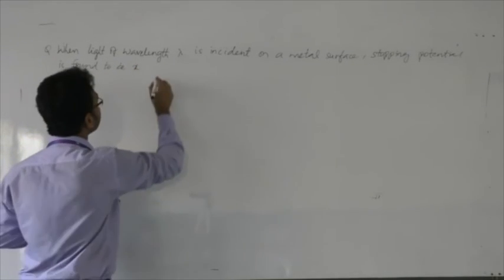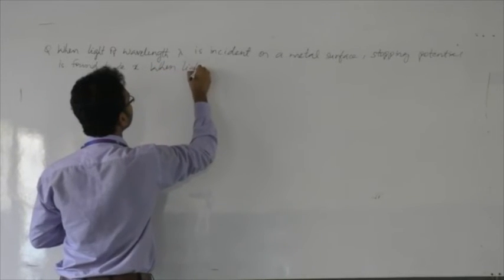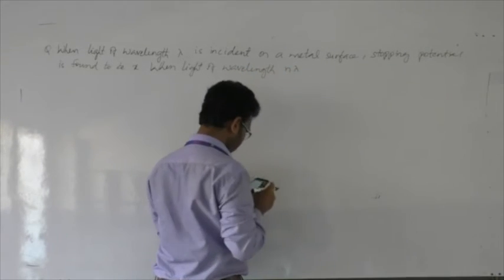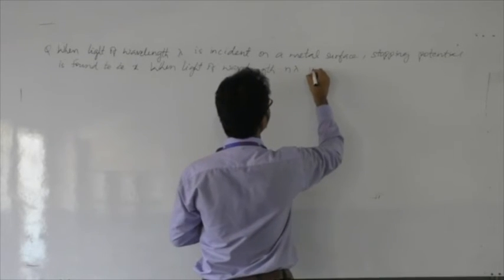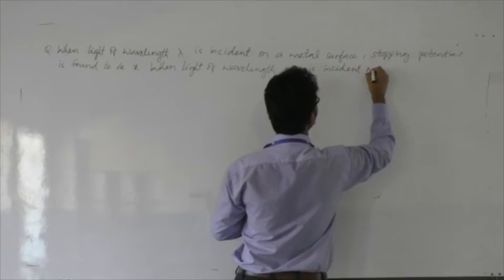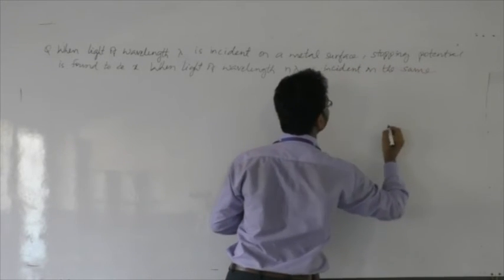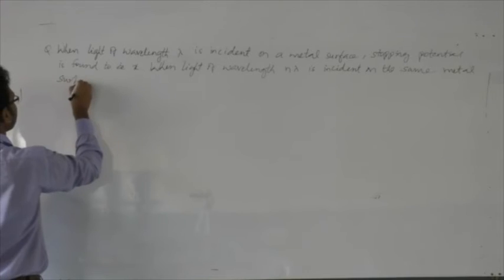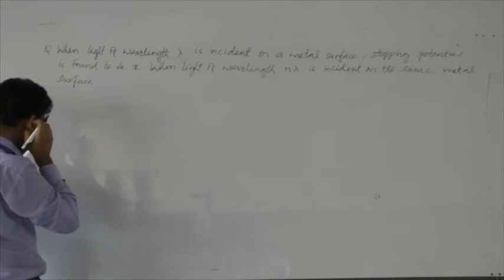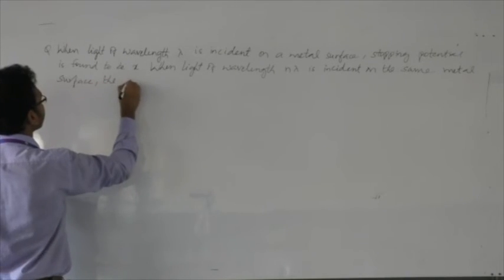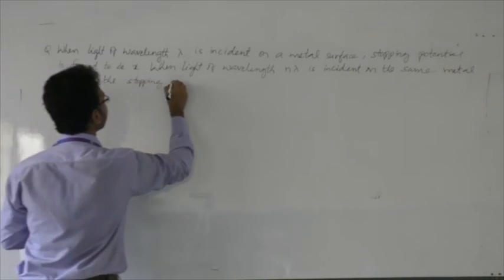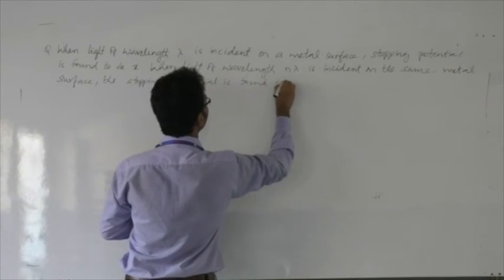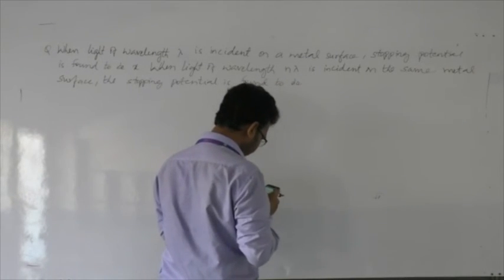When light of wavelength n lambda is incident on the same metal surface, the stopping potential is found to be x by n plus 1.